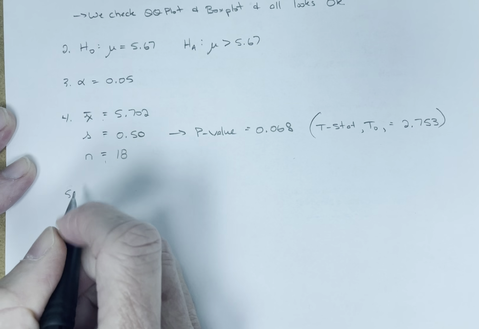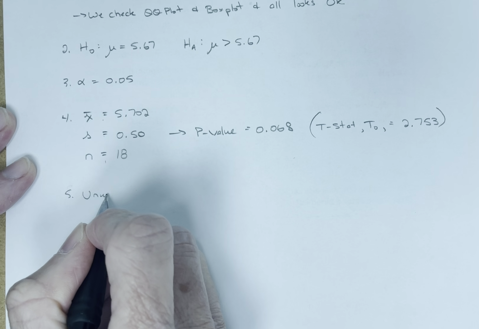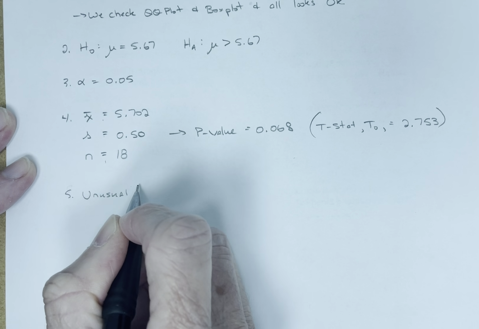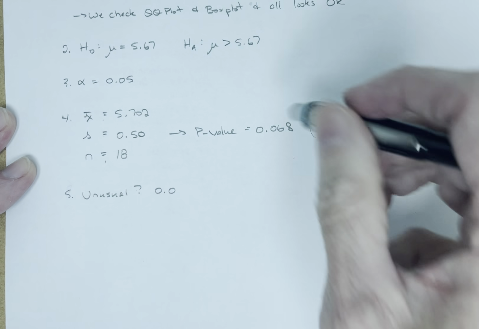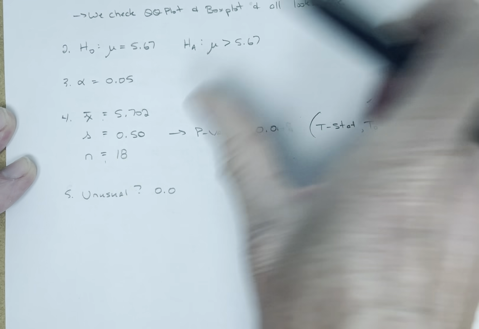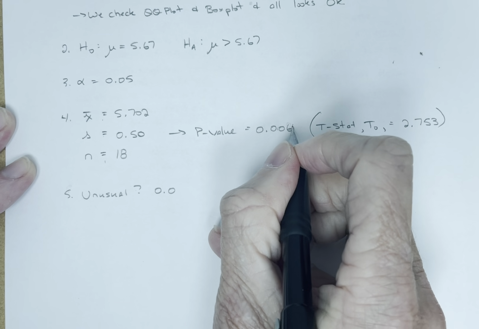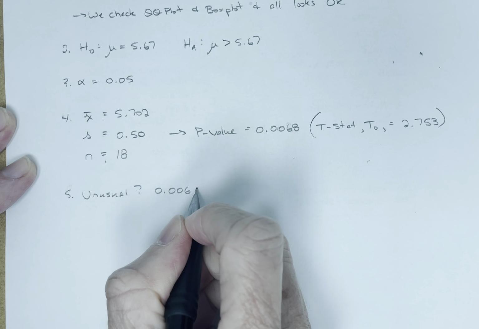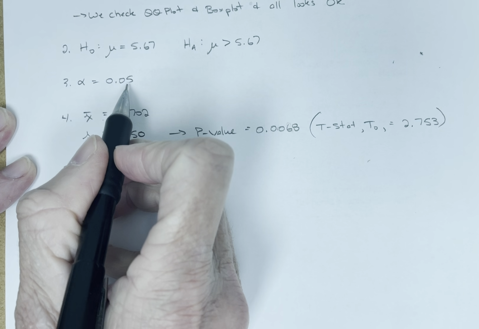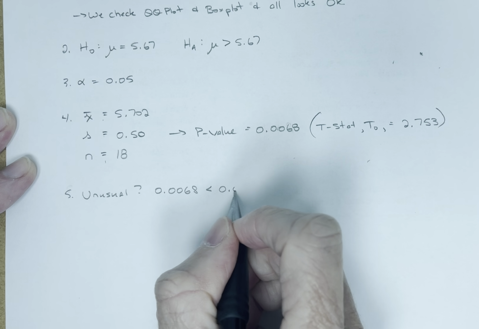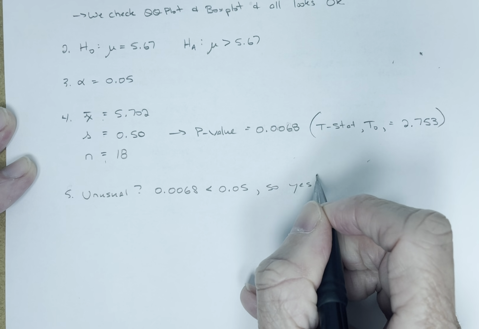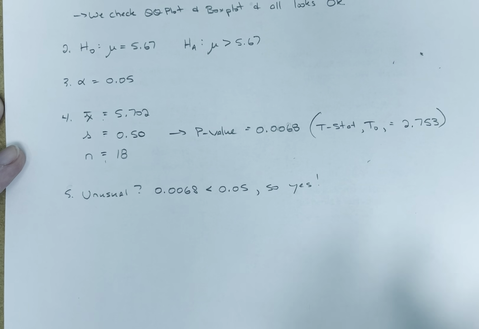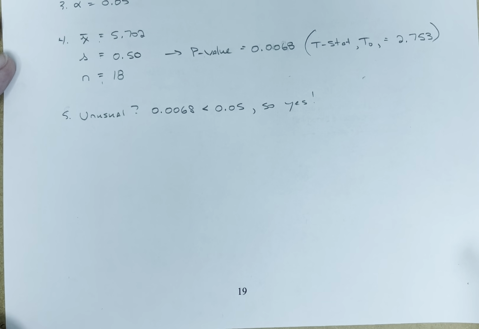Okay, step 5, is this unusual? Oops, I missed a 0. I bet you all caught that out there. Coleman, you missed a 0. 0.0068 is less than our alpha, our level of significance, 0.05. So yes, this is unusual. If the p-value is low, the null must go. We're rejecting the null.